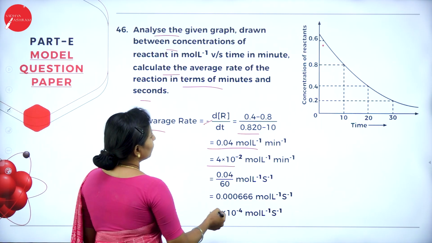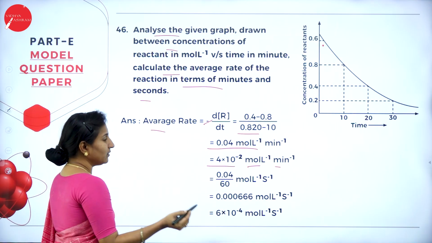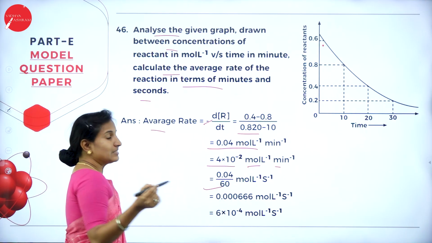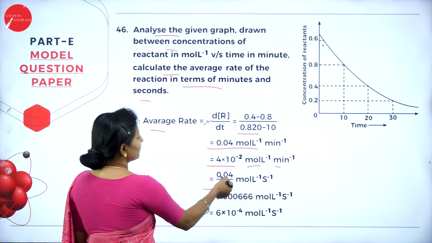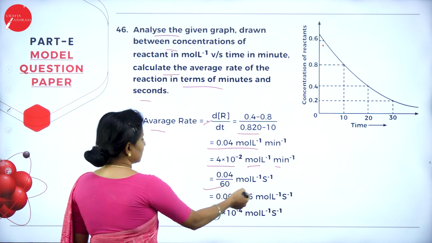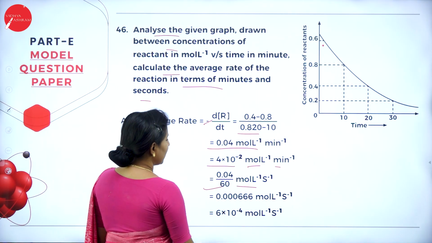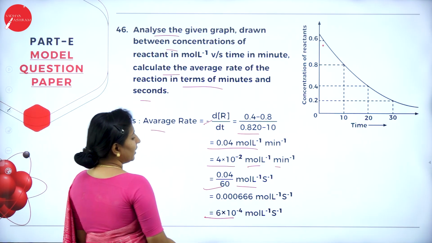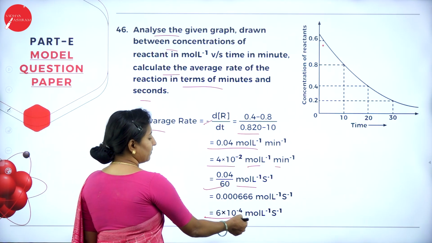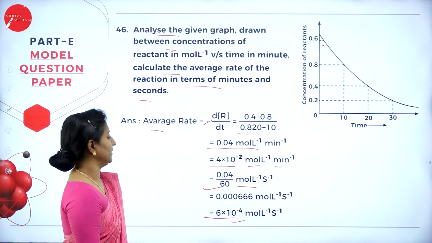We convert it into 4 into 10 power minus 2 mole per liter per minute. For seconds, 1 minute is 60 seconds, so 0.04 divided by 60 mole per liter per second. When we simplify this value, it is 6 into 10 power minus 4 mole per liter per second. Thank you.